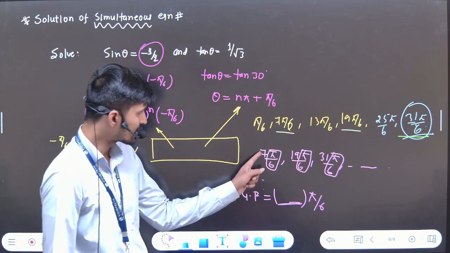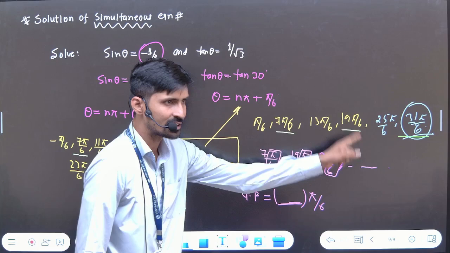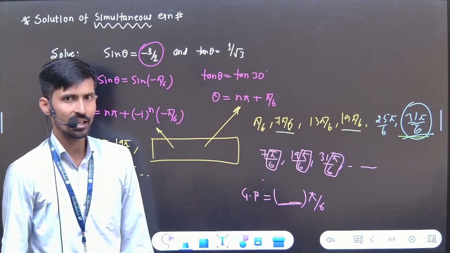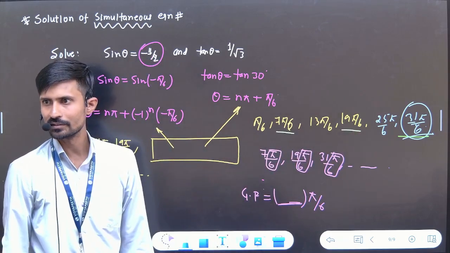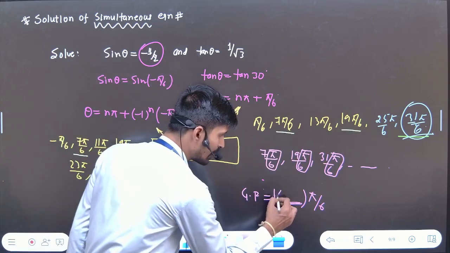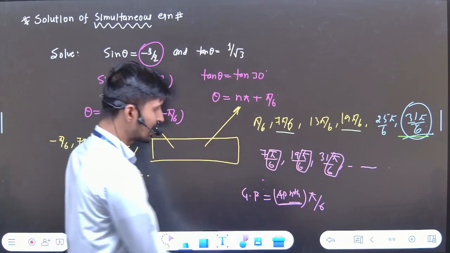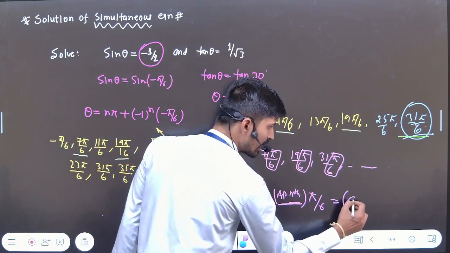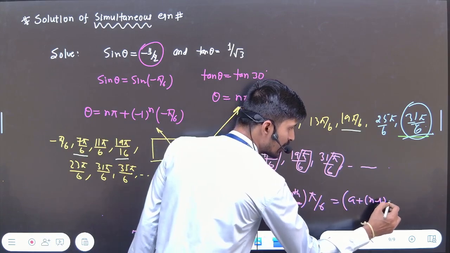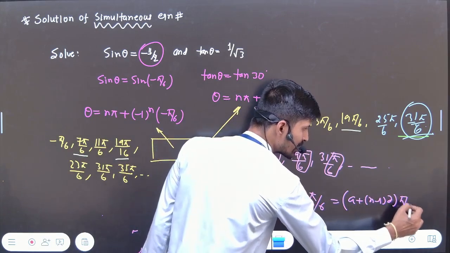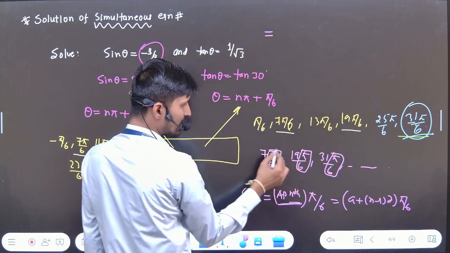Now, can you tell me 7, 19, 31, this is in AP? Every time you will get an AP. So you only have to write the AP nth term formula here. And what is the AP nth term? A plus n minus 1 into d, into pi by 6. What is A? First angle, 7.